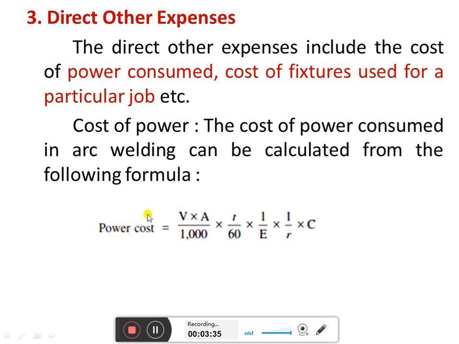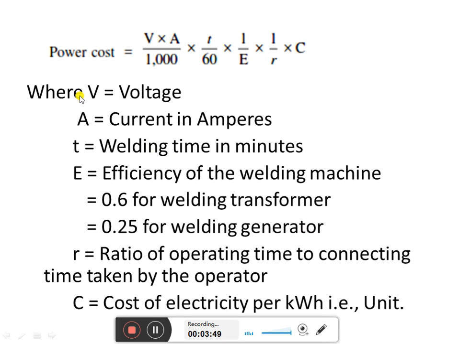The power cost is equal to V times A divided by 1000, times T divided by 60, times 1 divided by E, times 1 divided by R, times C. Here V is voltage, A is current in amperes, T is welding time in minutes, and E is the efficiency of the welding machine: for a transformer 0.6, for a generator 0.25. R is the ratio of operating time to connecting time taken by the operator, and C is the cost of electricity per kilowatt hour.